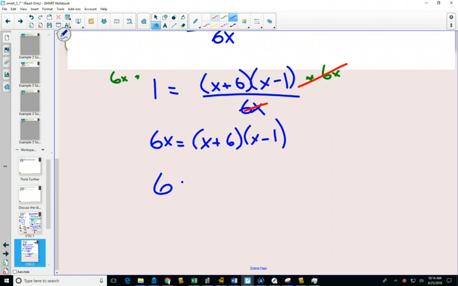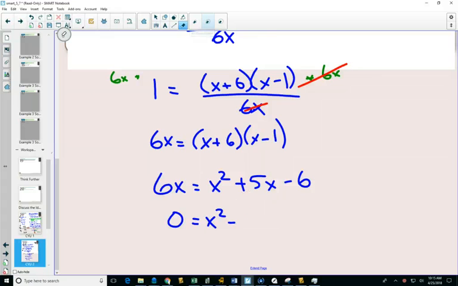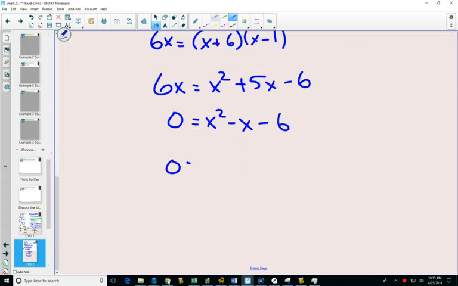Right? Because on this side, I'm going to have x squared plus 5x minus 6. Have you solved quadratic equations before? Yes, in grade 11. How do you solve a quadratic equation? Move everything over to one side, make it equal to 0. Whoa, careful. That'll just be minus x minus 6. Factor if possible, or quadratic formula. Luckily, this one factors. Becomes x minus 3, x plus 2.